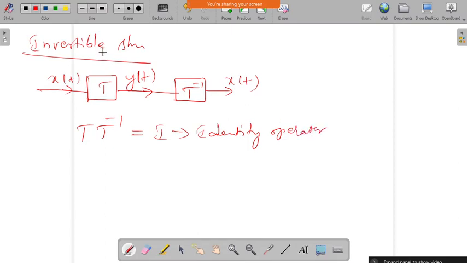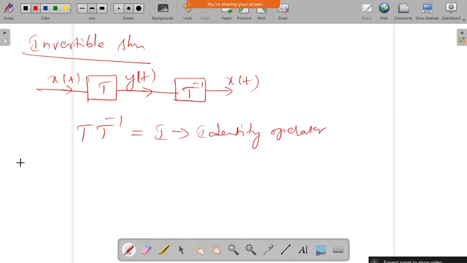So T inverse is the inverse of the system T if we can recover the original input signal x of t. This is the invertible system.